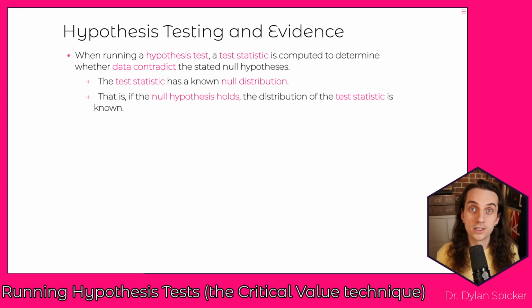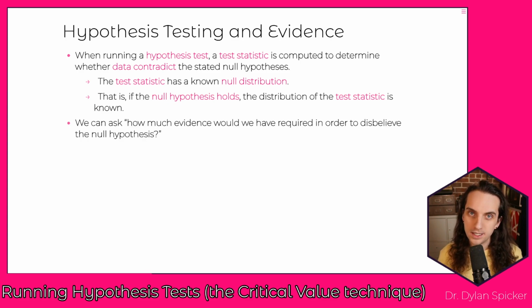What that means is we can use the null distribution to calculate probabilities or make probabilistic statements regarding the population or the hypotheses themselves. So for instance, we might ask, how much evidence would we require in order to disbelieve the null hypothesis? The null hypothesis is what we believe by default.